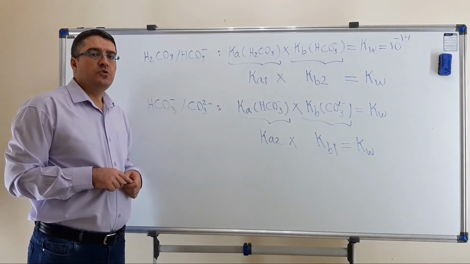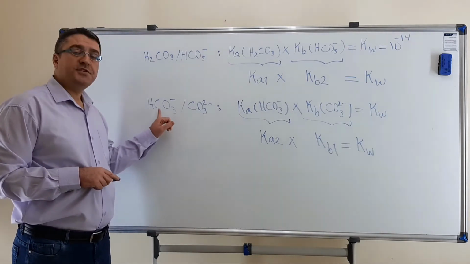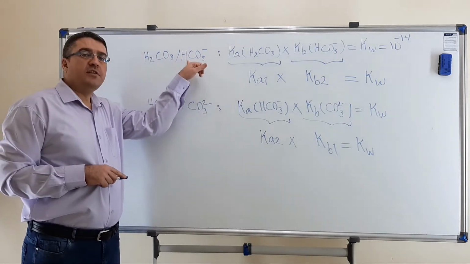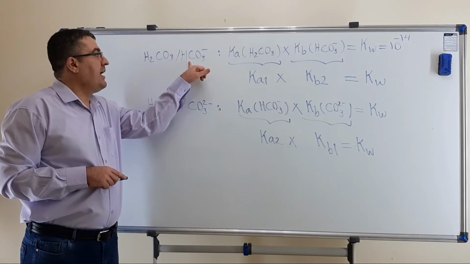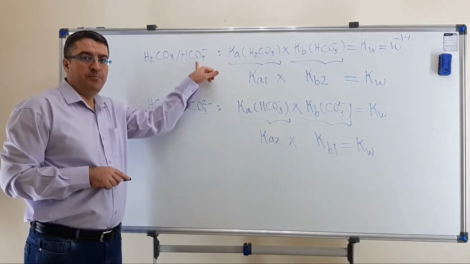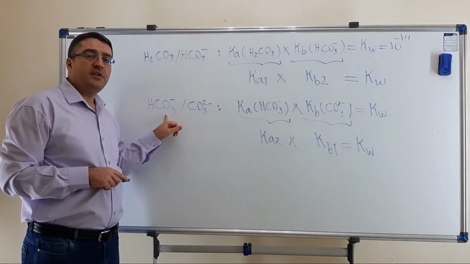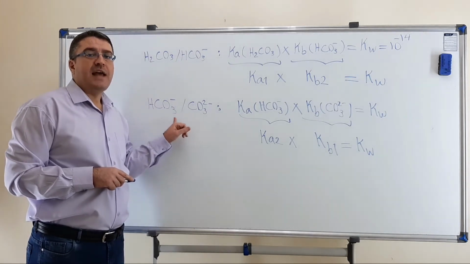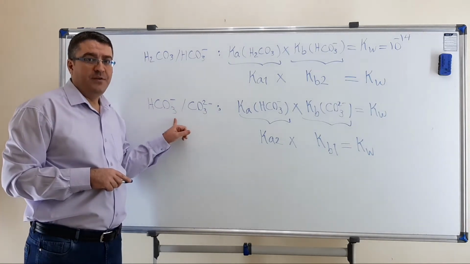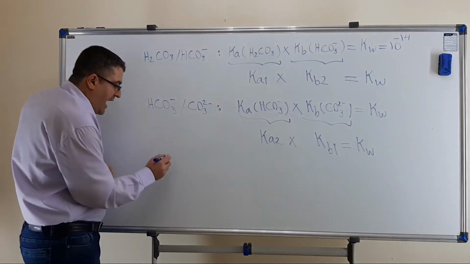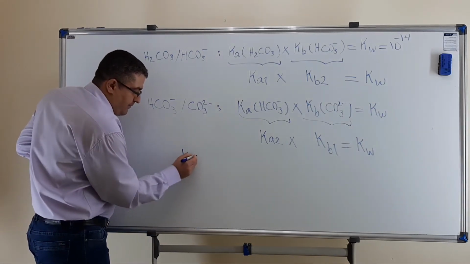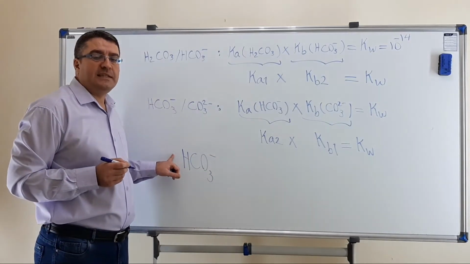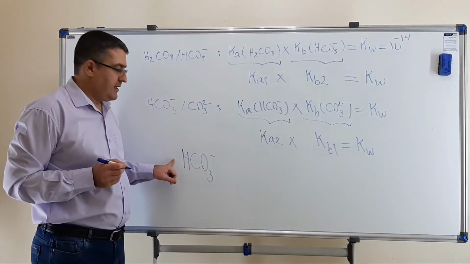Here it is also good to mention that hydrogen carbonate in one conjugate acid-base pair acts as the Bronsted base, and in another one acts as the Bronsted acid. So it is an amphoteric species. For this amphoteric species, we can consider both acidity and basicity constants.